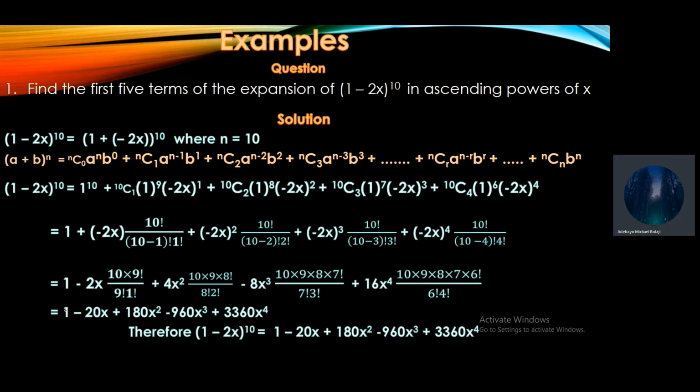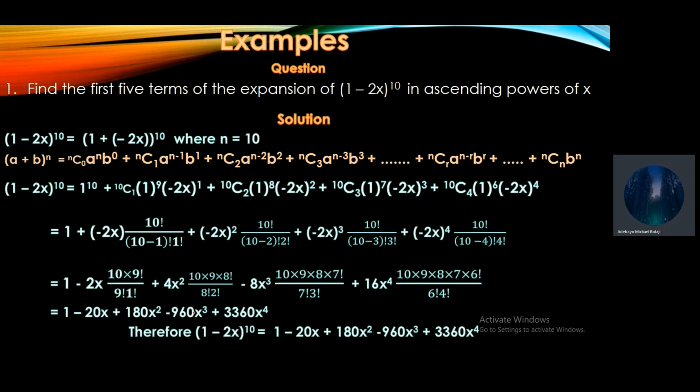Now what do we have here? 1. We have 1 here, and here we got a value. That value multiplied by, we got 10 here. I think 10 times 2x will give us 20x. Here we got a value. That value multiplied with 4x squared will give us 180x squared. You must do this with your calculator, but you should be able to use your head, because I think in CBT exams, calculator won't be allowed.